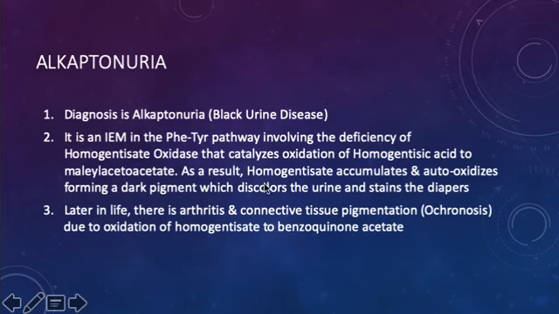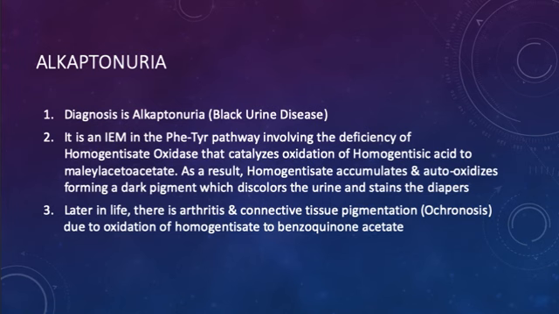As a result, homogentisic acid accumulates and auto-oxidizes, forming a black color pigment which discolors the urine and stains the diaper. In later life, there is arthritis and connective tissue pigmentation, ochronosis, due to oxidation of homogentisic acid to benzoquinone acetate. So this is a case of alkaptonuria.